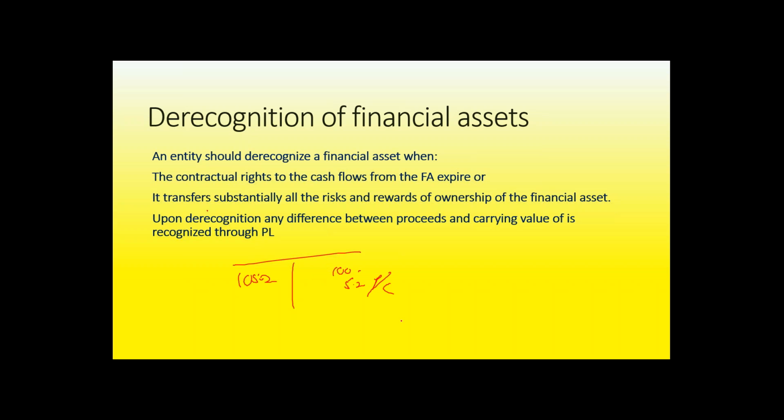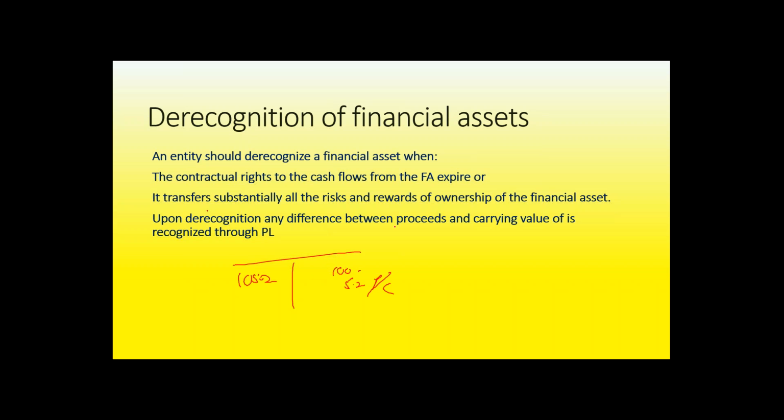Impairment, we do every year. This is at the closing stage, the final balance figure. Whatever the difference that we are not going to get, put it to the P&L. So the 5.2 is the difference between what is shown in your books and what you got.